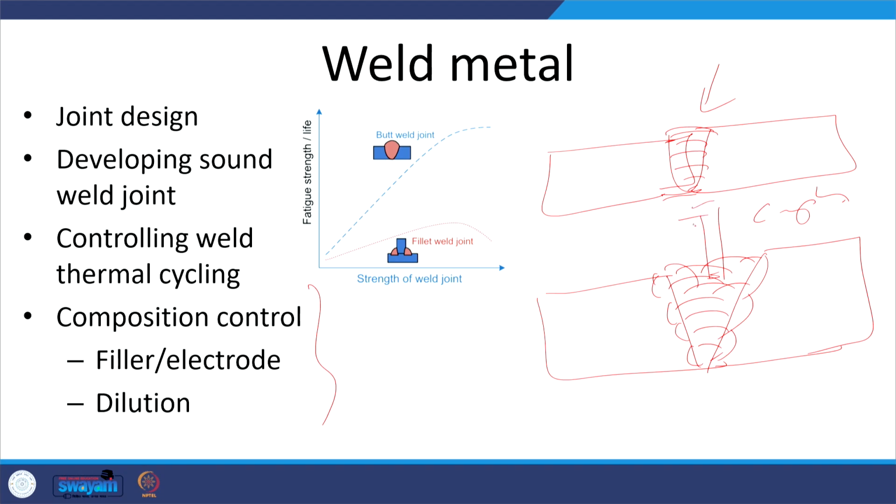So, the idea here is to choose the filler or electrodes suitably so that weld metal of the desired composition and desired properties is realized.